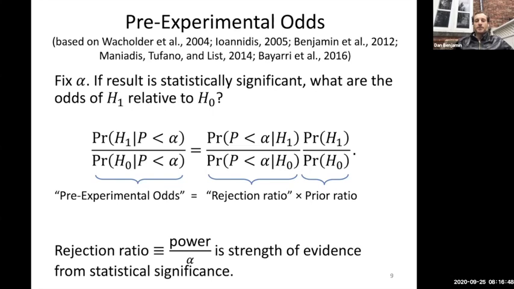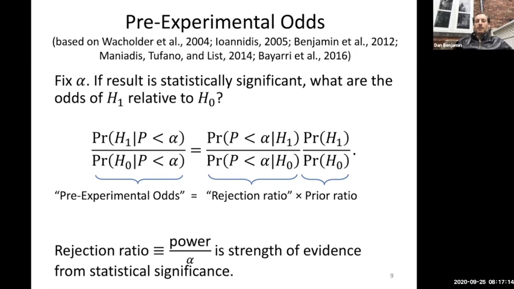rejection ratio. And something I want to highlight here, just to avoid any confusion, is that one of the concerns people have about Bayesian statistics in general is that you need to do a fully Bayesian analysis, you need to specify prior beliefs. And people wonder, well, where are you going to get prior beliefs from?